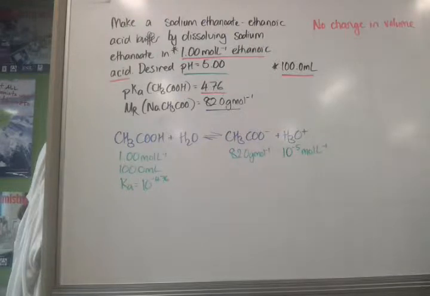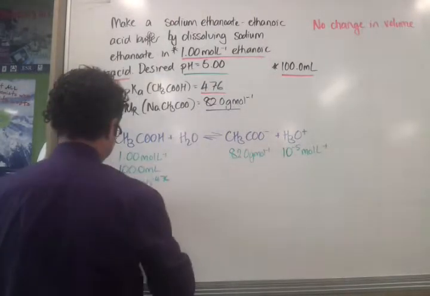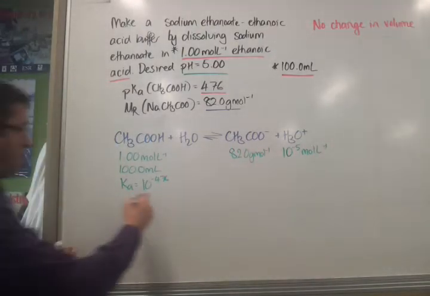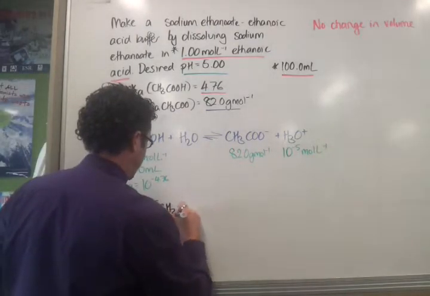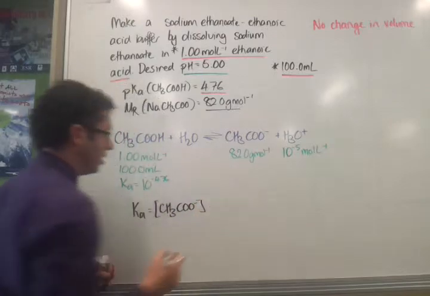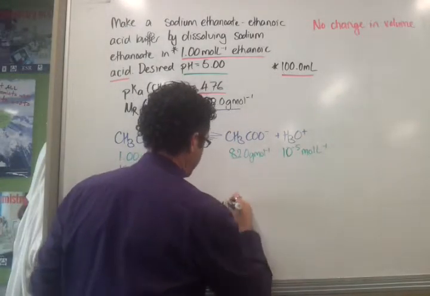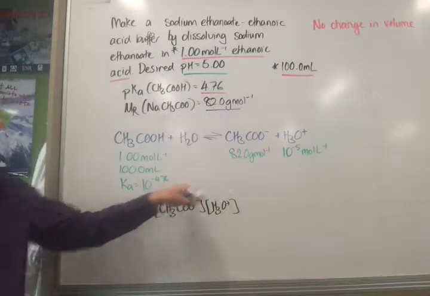So I've actually got a bit of information. Now I'm going to write my Ka expression and see what I'm missing. Ka equals the ethanoate ion concentration times the hydronium ion concentration. And my big warning to you here is these two values are not the same.